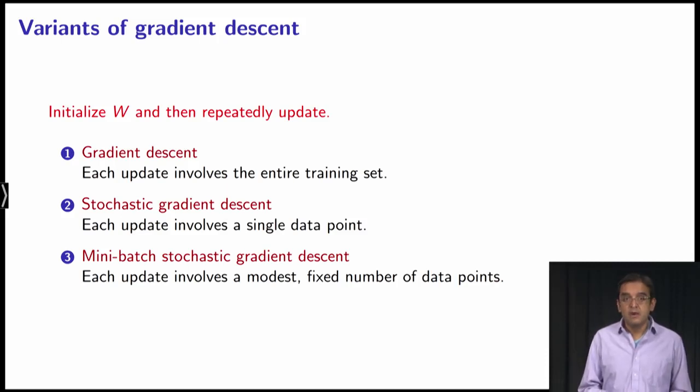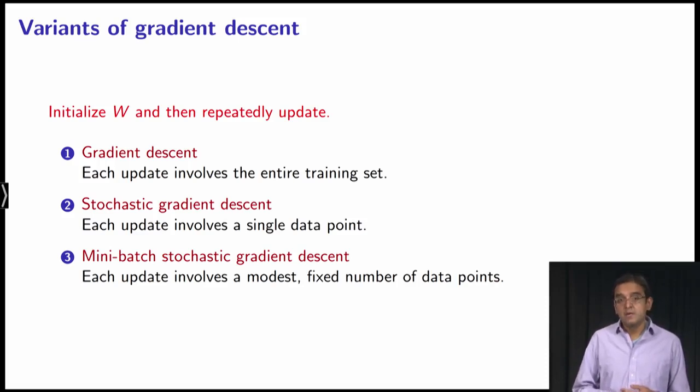Now we've looked at three variants of gradient descent: vanilla gradient descent, stochastic gradient descent, and mini-batch stochastic gradient descent. All three start by initializing the parameters w in some way, and then doing a bunch of updates where w keeps getting adjusted, and hopefully the loss function L of w is going down steadily the whole time.